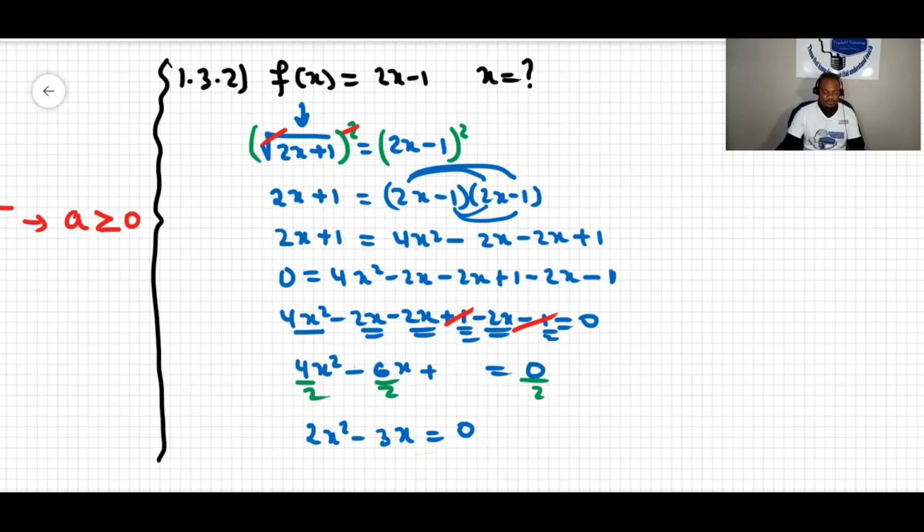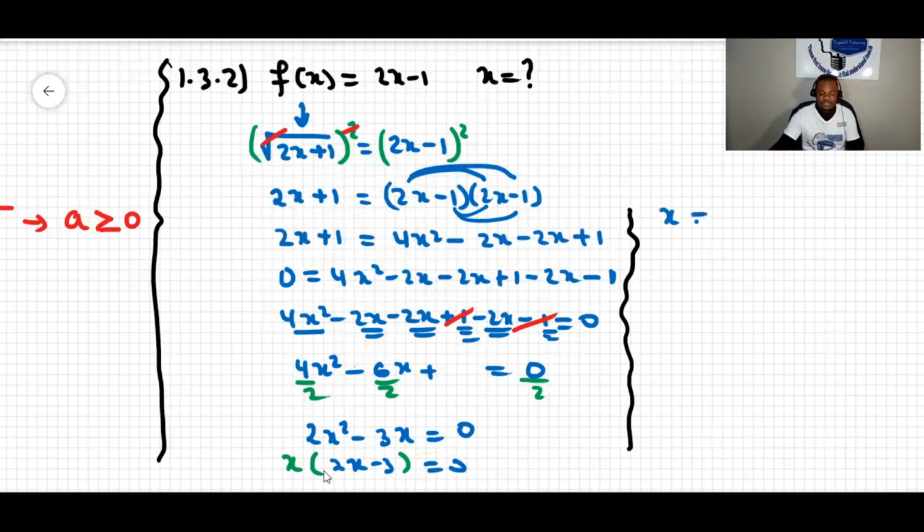If we need to solve for x, we can take x as a common factor. So this will be x times 2x minus 3 equal to 0. This means that x is equal to 0 or 2x minus 3 equals 0, and that means 2x equals 3, so x is equal to 3 over 2.